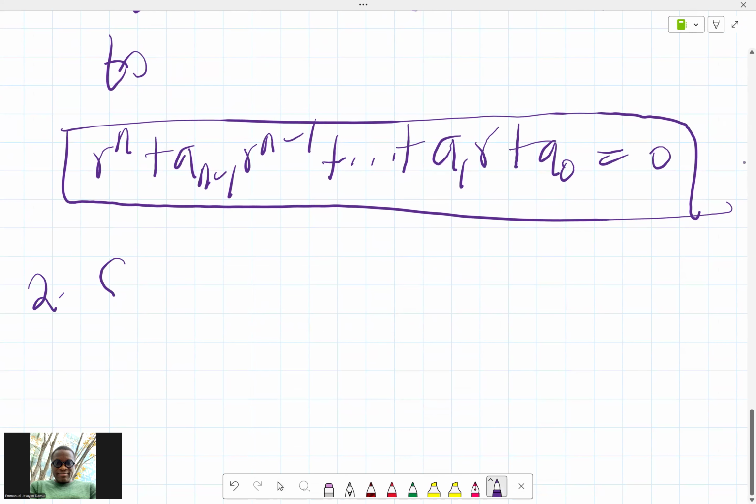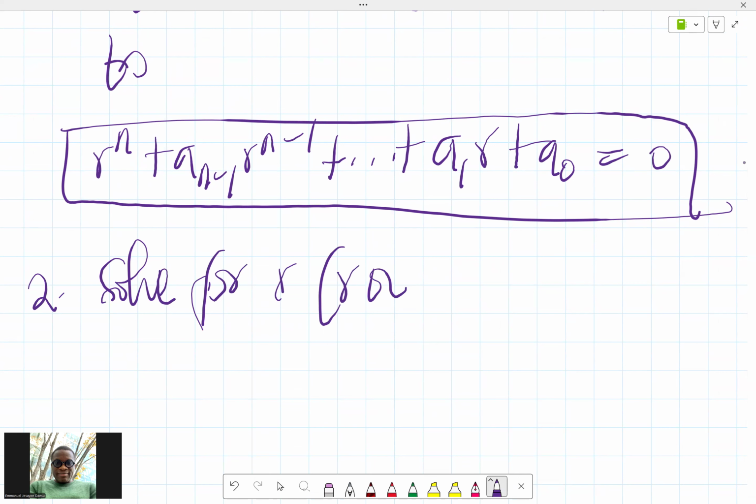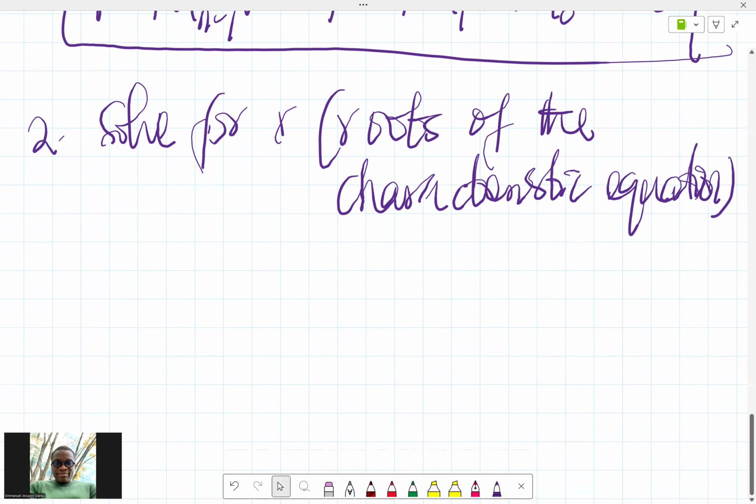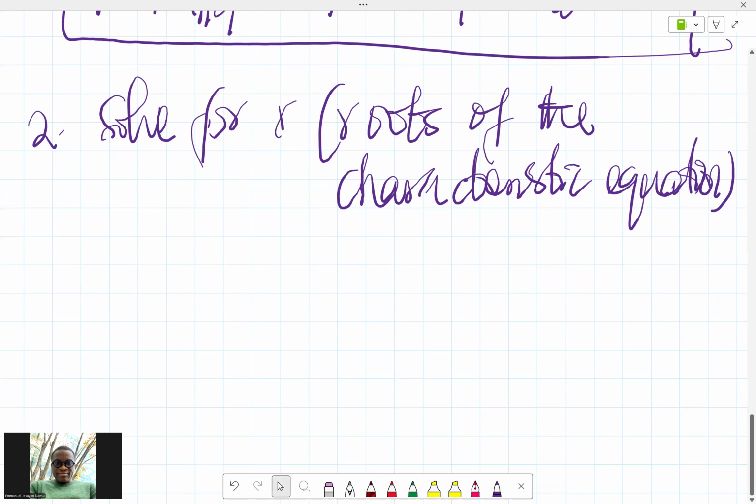So step two now, you solve for r, which are the roots of the characteristic equation. Okay. Then we now have all the conditions.